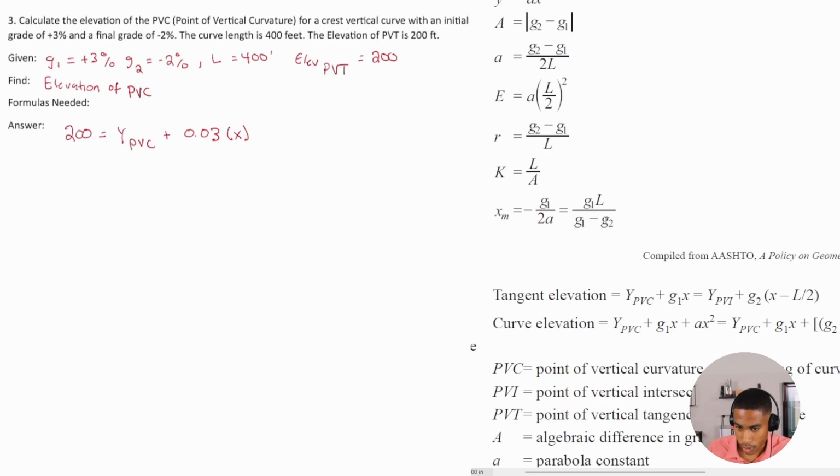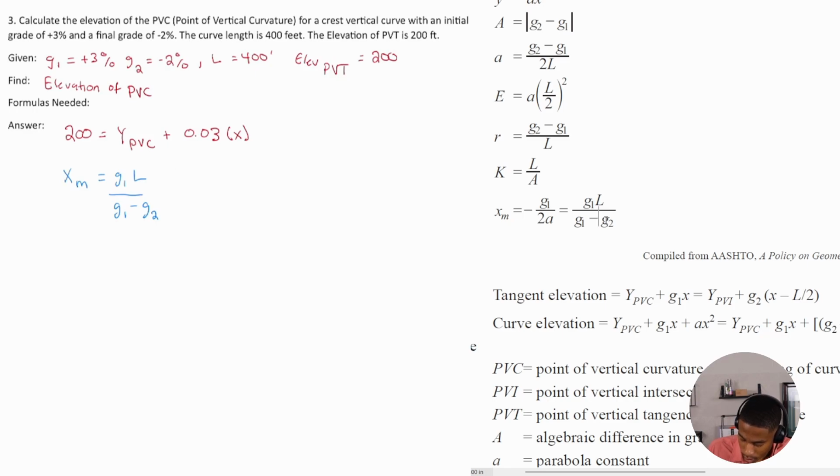So to get X, it's the second step. I'll do it in a different color so we don't get confused. X sub M is equal to G1 L over G1 minus G2.